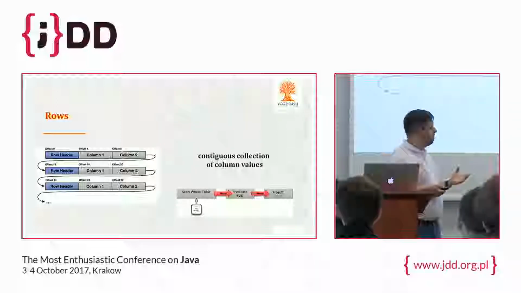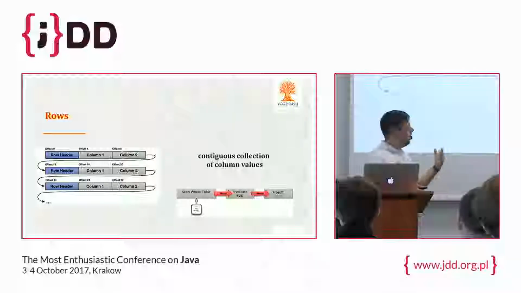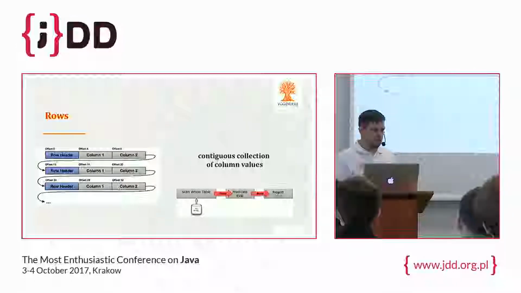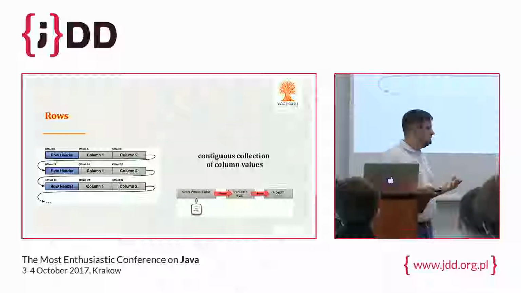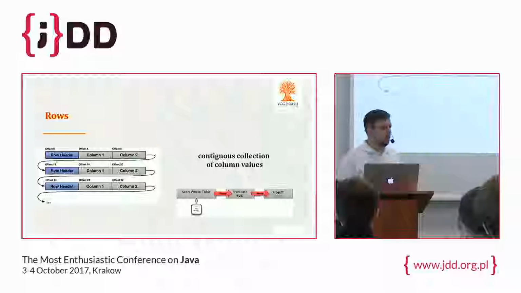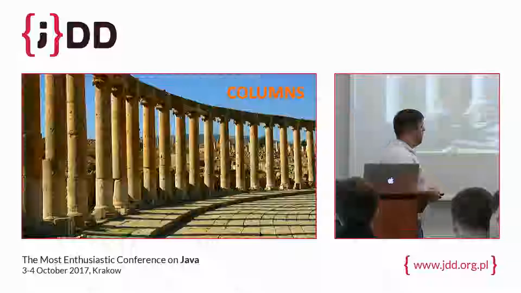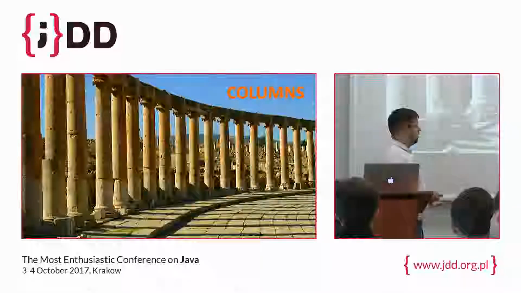Also, when we need some specific rows, we need to evaluate on the whole data and then project. Of course, nowadays systems have some prediction models that read the data from the disk in advance, which actually works fine. But what about the columns?